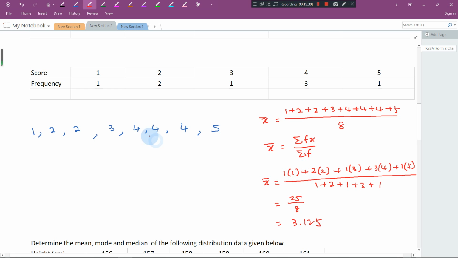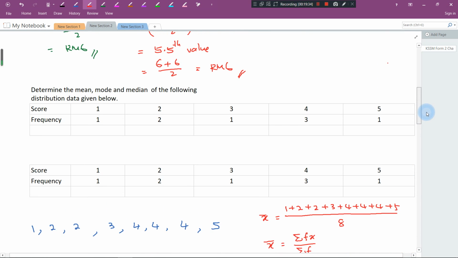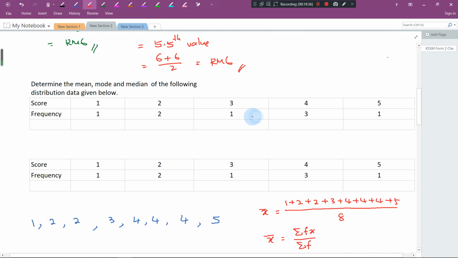Normally, we are not able to list out every data like this, for example, because we have no time. If the question gives you a frequency table, the data will be a lot, the total frequency a lot. So we are not able to list out every single data like this. I created this one myself just to show you how it will look if you transfer it to this form.